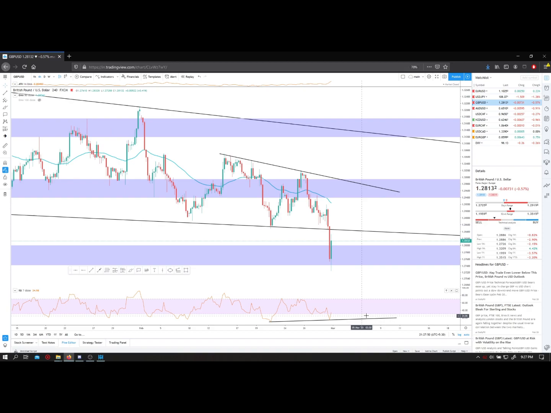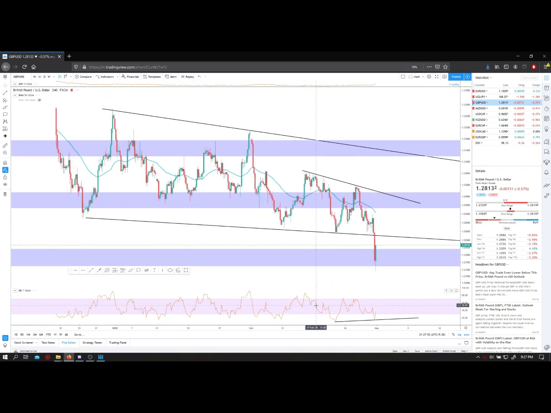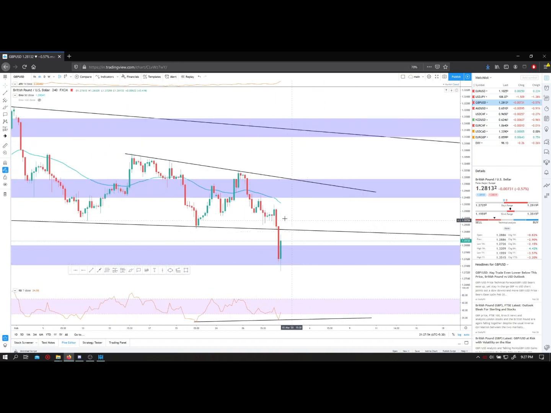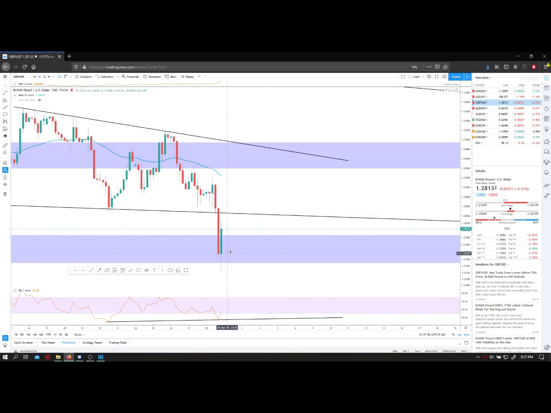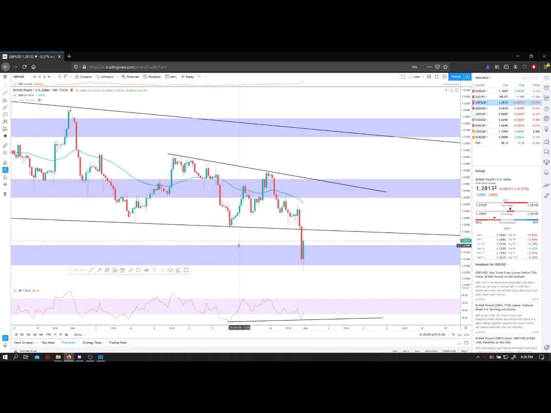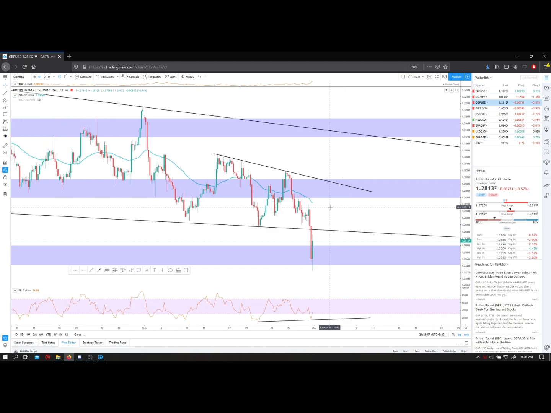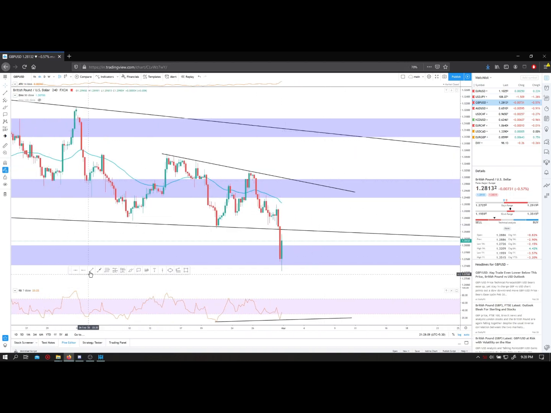It is showing some weakness in the form of divergence, and it has also made a very strong, not engulfing candle, but a bullish harami kind of pattern. So if I get something like this, a double bottom pattern, I'm going to open a buy trade.